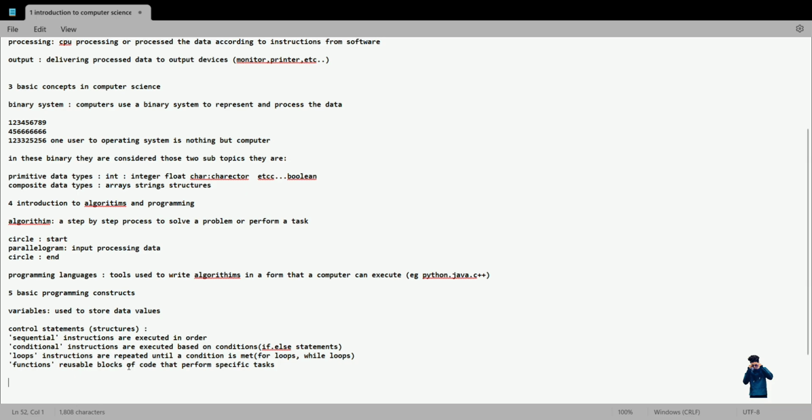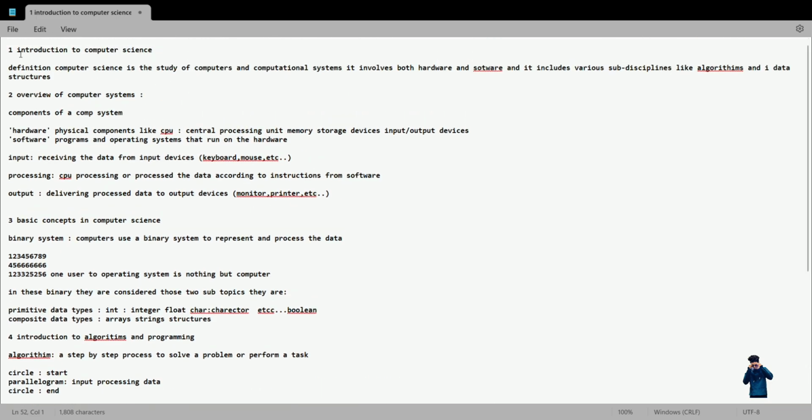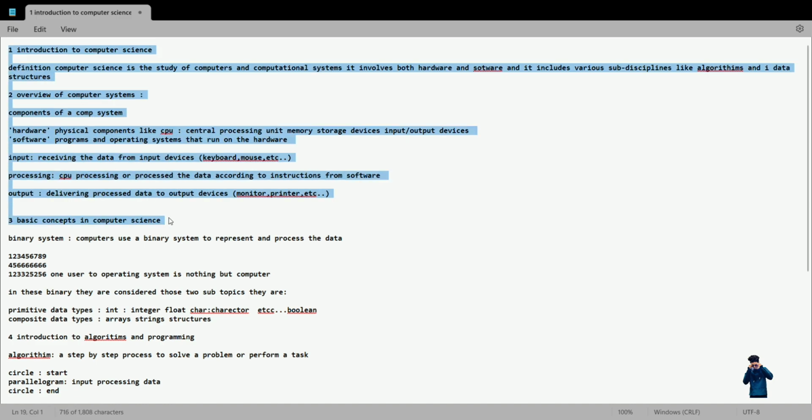So after the completion of this, we want to know about the topics in computer science after the introduction part. First of all, you must learn this page.